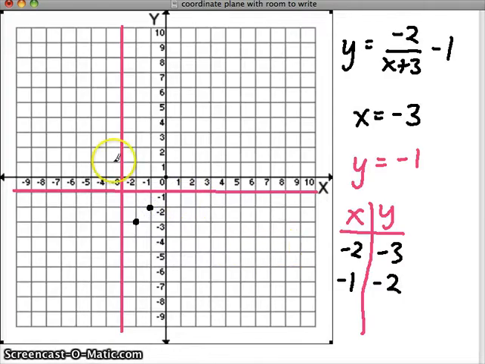At this point, I'm going to jump ahead and just tell you what this graph looks like. In general, rational functions are going to have this shape called a hyperbola. It's kind of like a parabola, except it doesn't have 2 legs, it only has 1. And all rational functions are going to have hyperbolas because they're going to have these asymptotes.